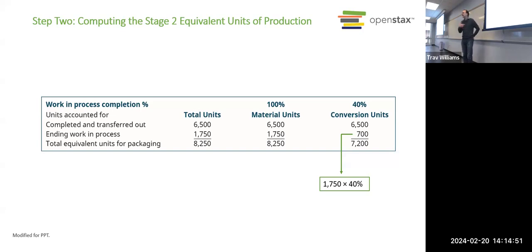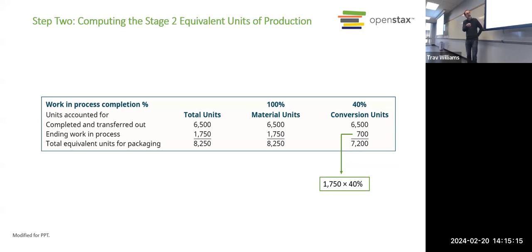So out of the 1,750 that they hadn't finished at the end of the month, that group was 40% complete. So we're calling that the equivalent of 700 units. It's the same concept we already learned, right? Take the number of units in process times the percentage of completion for conversion.